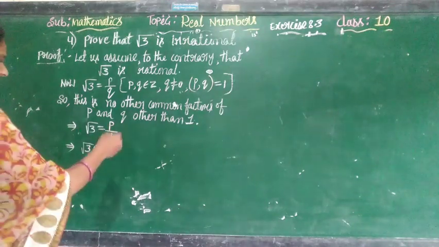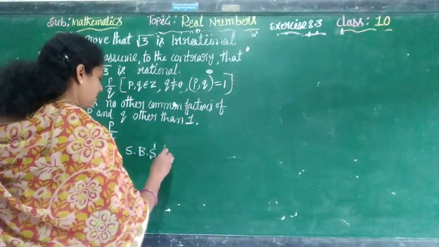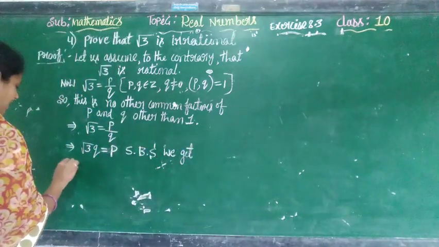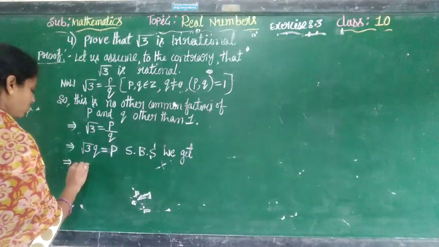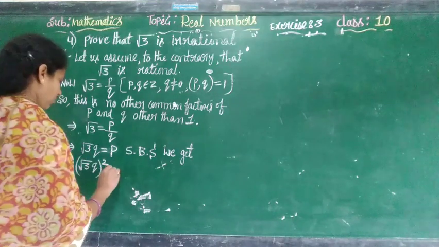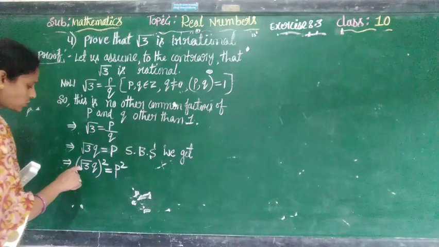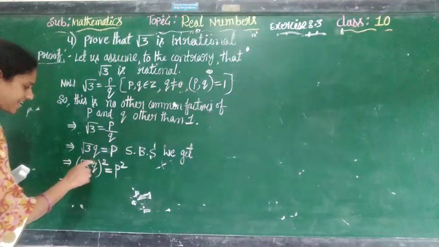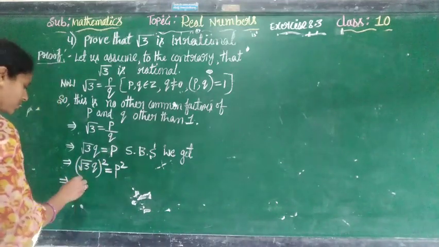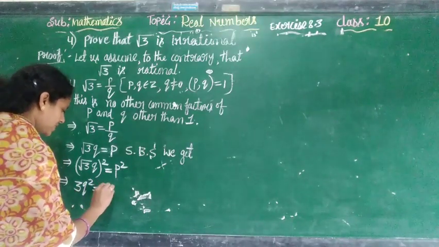Squaring on both sides, we get root 3q whole square is equal to p square. The square and root get cancelled. The remaining number is 3q square is equal to p square.